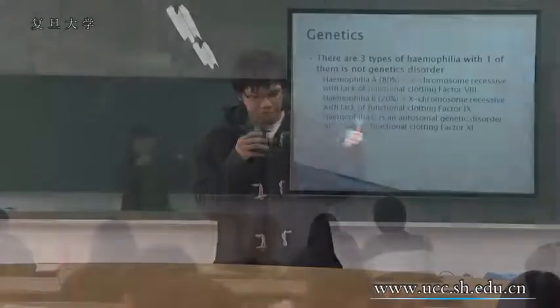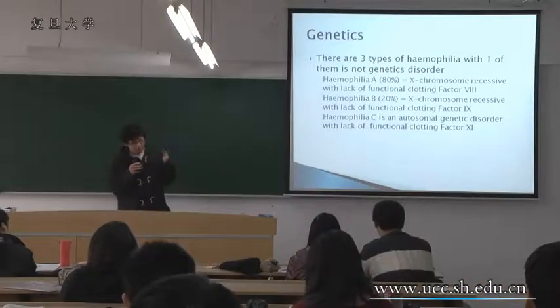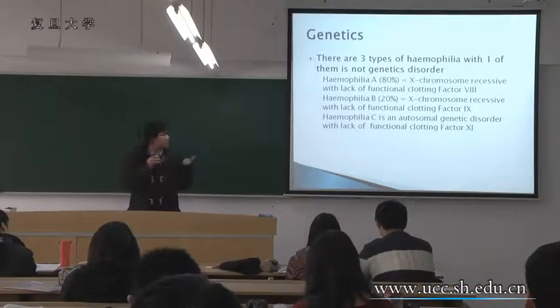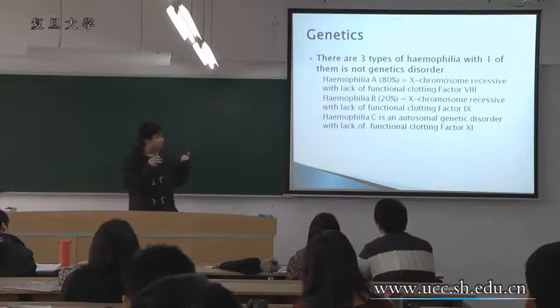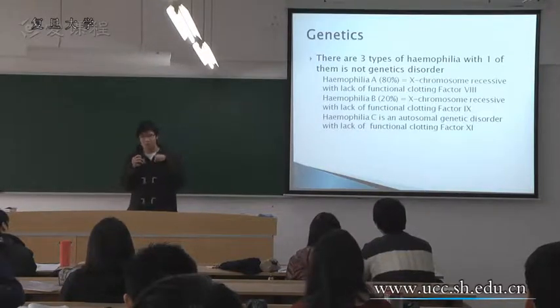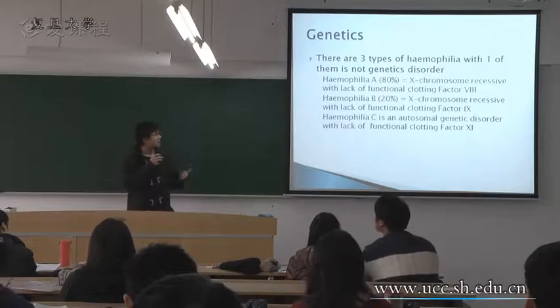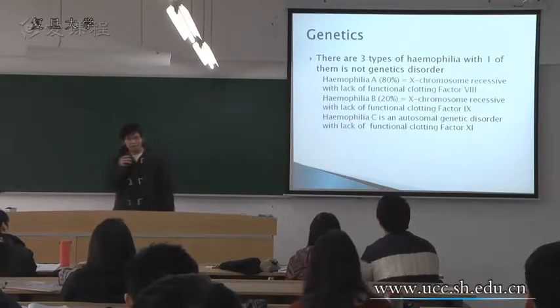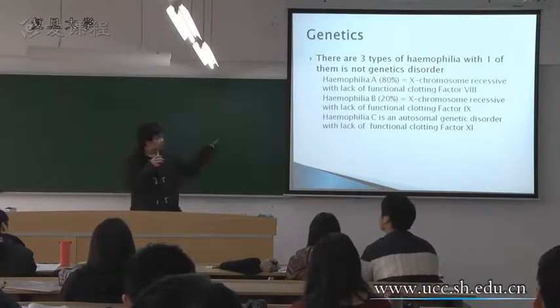Hemophilia A was the first one discovered, and hemophilia B was called Christmas disease before. It is only linked with the X chromosome because the Y chromosome of a man doesn't have the clotting factor, either 8 or 9.